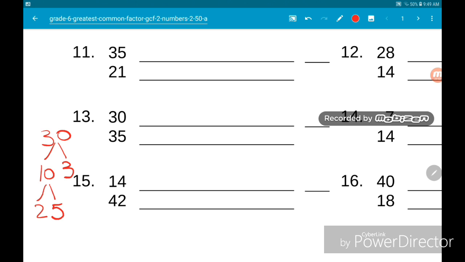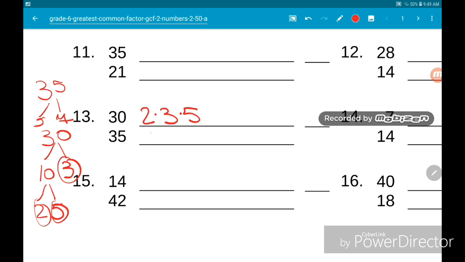Go ahead and circle them and put them across for the 30. Okay, gentlemen, please follow along. 2, 3, and 5. She's doing exactly how we did it before. 35, how do we break it down? 5 times 7.